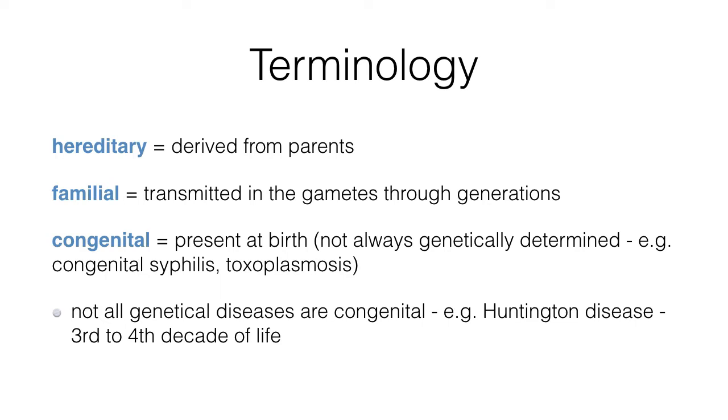Before we go further, I also listed here terminologies that are important when we discuss molecular and genetics. So we have hereditary, familial, congenital. What are the meanings? How can we say something is congenital and whether it actually has genetic causes or not?